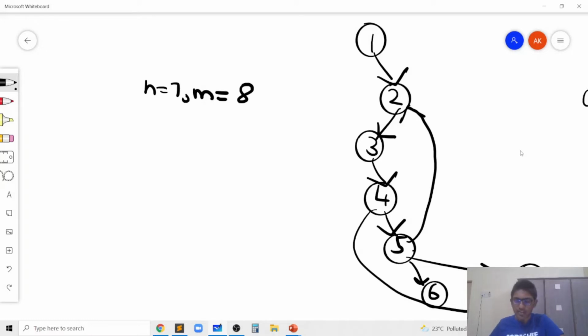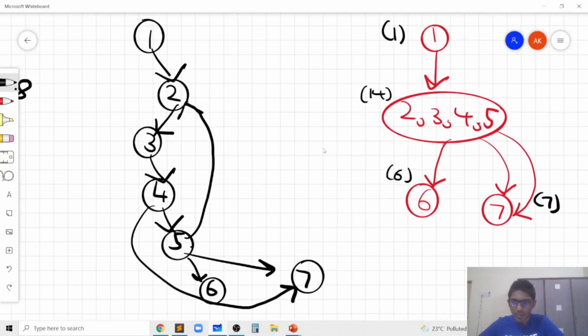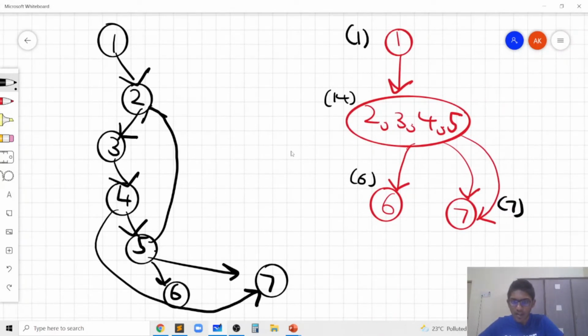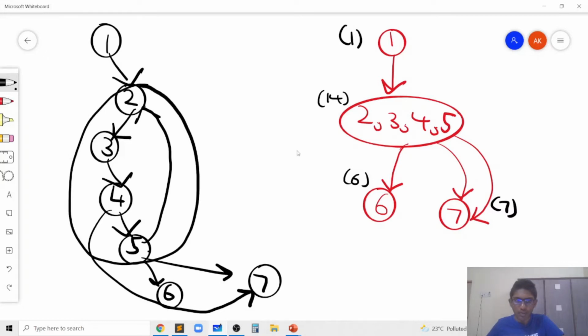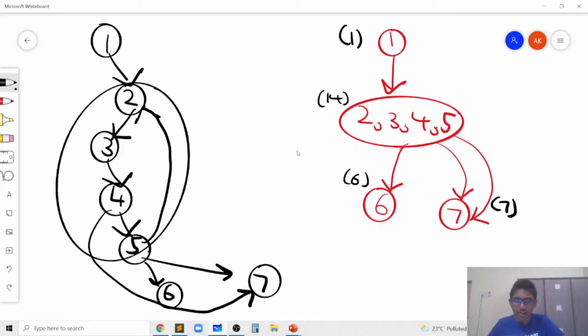That's why we can visit all nodes in that cycle and end up anywhere in that cycle. That's why I formed a new graph which compresses all the cycles, and in the algorithm we will use Kosaraju's algorithm to compress all these strongly connected components. In this case there's only one strongly connected component and we compress them to form this single node.